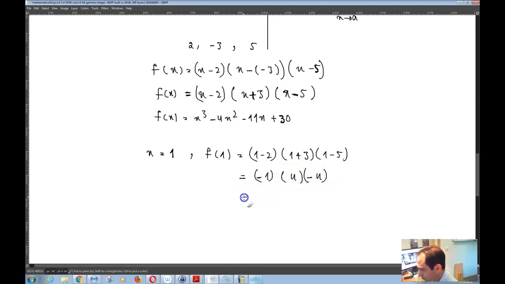This is negative 16, and that is positive 16. So f of 1 must be positive 16. Now let's draw the graph of this function and see what happens.